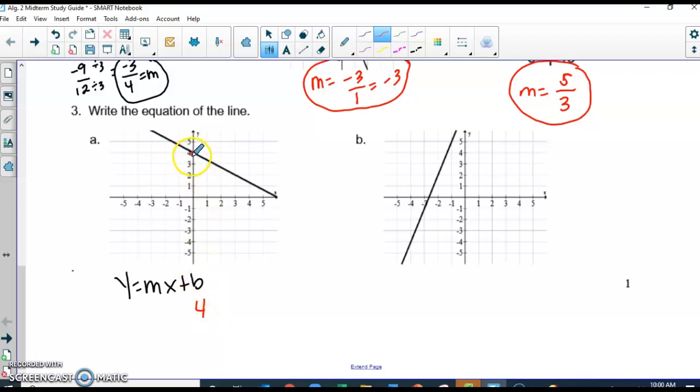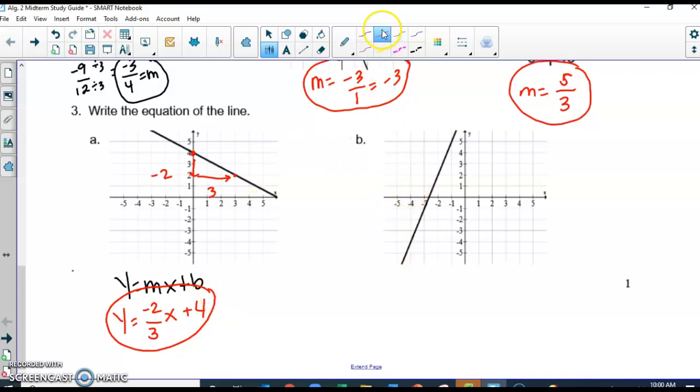Then I need to find my slope, which is going to be rise over run. So I'm going to look for another point on my line that goes through the grid lines, which is right here. In order to get there, I'm going to go down 2 over 3. So my slope is -2 over 3. I can fill in my x and my y, and I have my final answer.